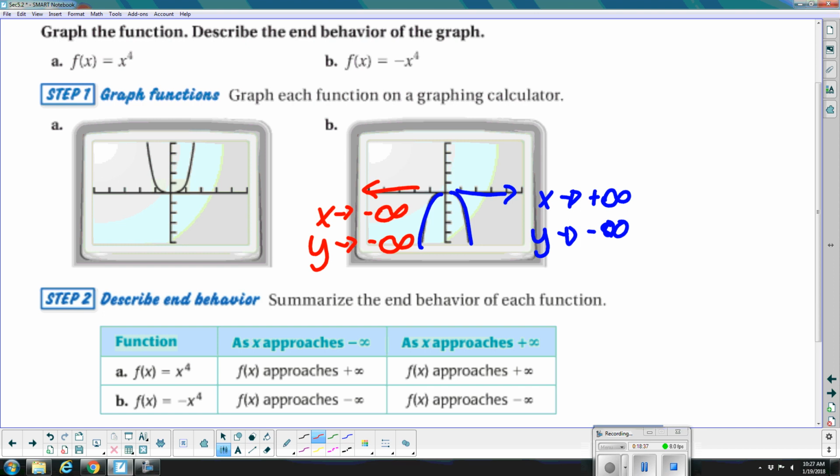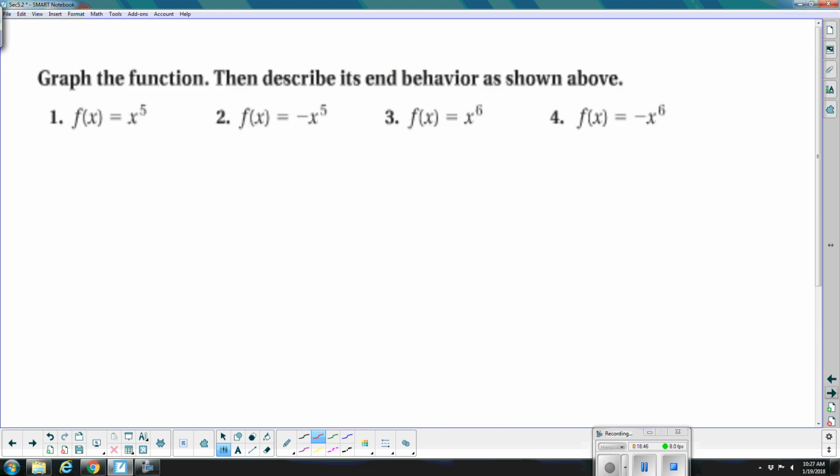So that's our end behavior. Y is our f of x, whatever our function is. So on your note sheets, you have a cheat sheet for key concepts that has a few different types of graphs: a cubic and a quartic, and even powers and odd powers graphs.